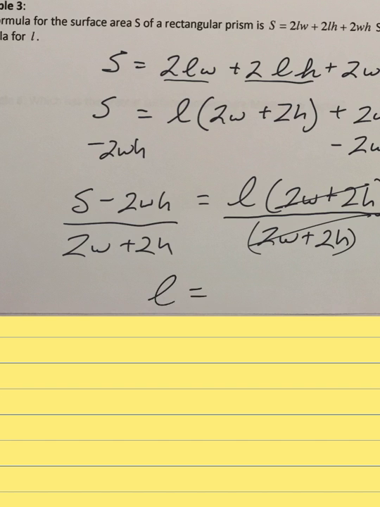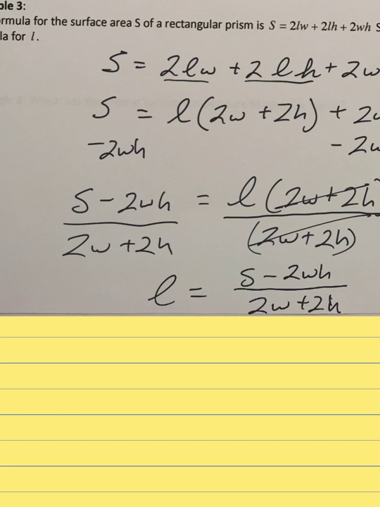L equals S minus 2WH over 2W plus 2H. What a big mess, huh? So if you know the surface area of your shoebox and you know its width and its height, you can find its length. Crazy formula, but the most important thing is that you just mathematically were able to get there.